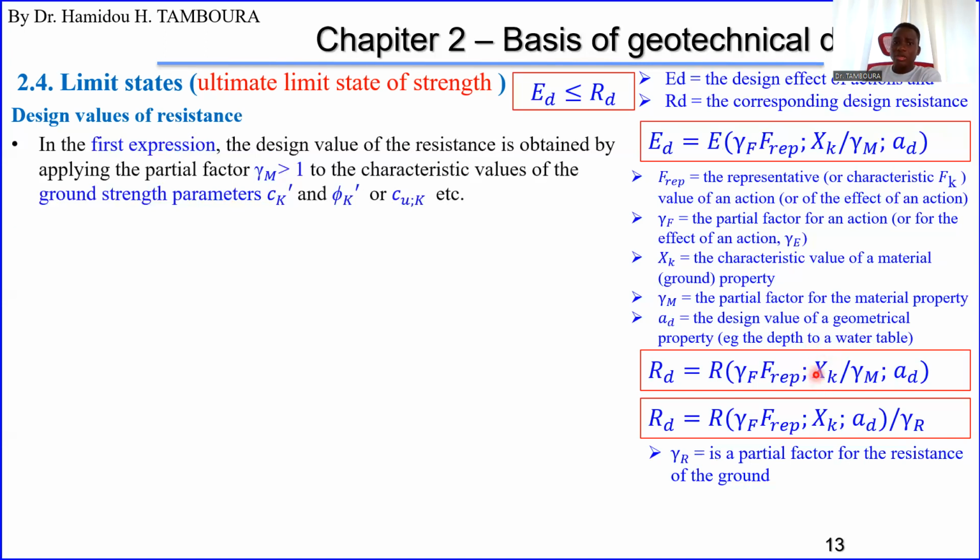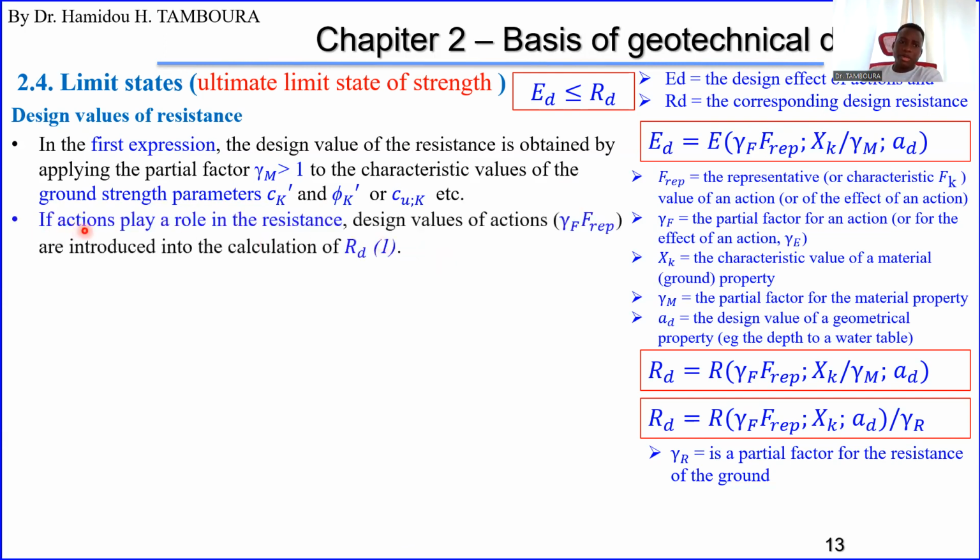It can be c, cohesion, when the situation is drained. It can be the frictional angle phi prime, the effective one. And it can be Cu also. But this partial factor gamma M should be higher than 1, so that we minimize the strength of the ground.